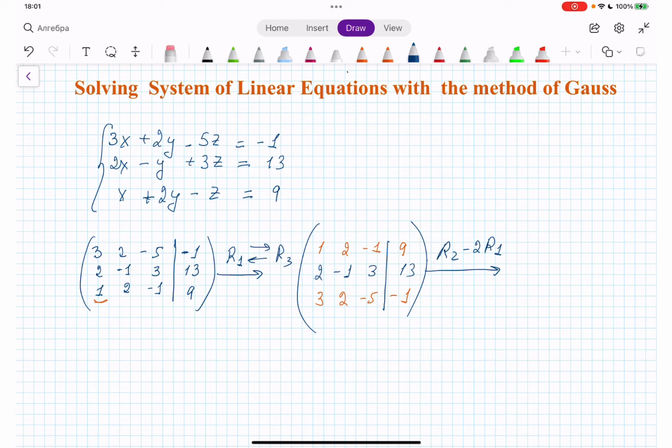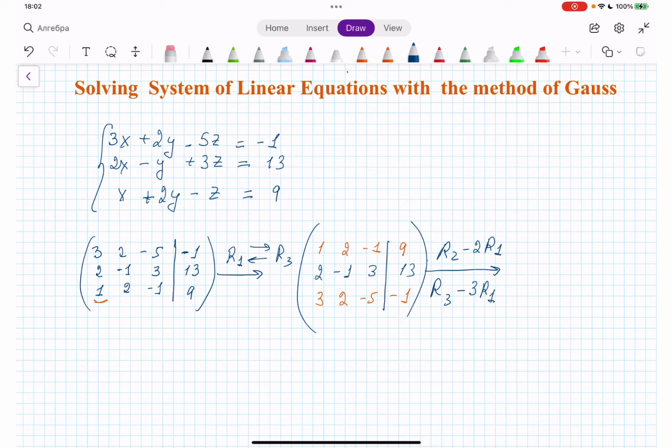And as a result, I will get 0 instead of 2. And the same thing I will do with R3, because the third line is starting with 3, so I'm going to do R3 minus 3 times R1.